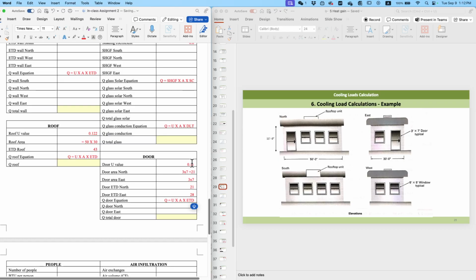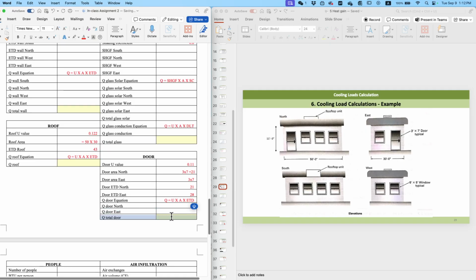U is 0.11, A for north is 21, ETD north is 21, and for east, U is the same 0.11, A is 21, but ETD is different. ETD east is 28, so fill out this blank.